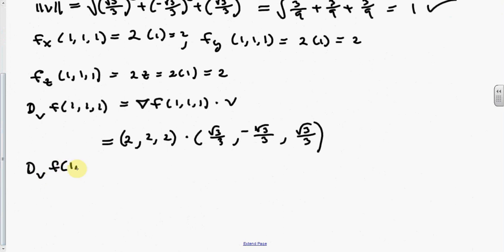So we find this directional derivative, and that's just 2 times the square root of 3 over 3 minus 2 times the square root of 3 over 3 plus 2 times the square root of 3 over 3. We just get 2 times the square root of 3 over 3.